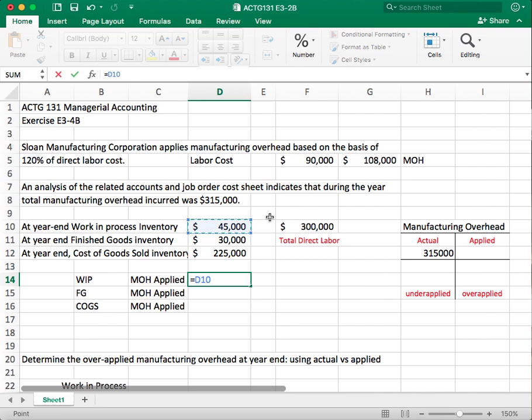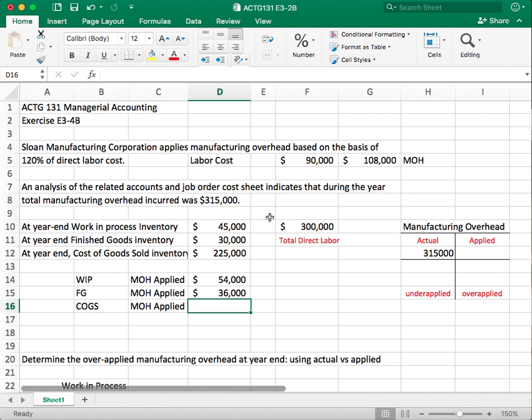We would take, for work in process, $45,000, multiply it by 120%, and that would be $54,000. For manufacturing overhead finished goods, we would do the same: $30,000 multiplied by 120%.